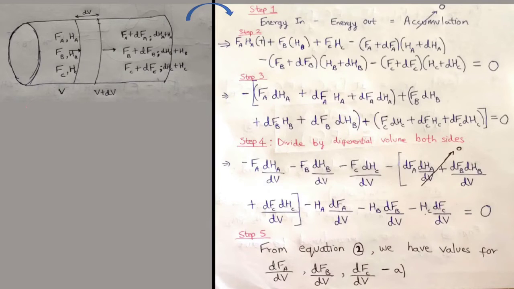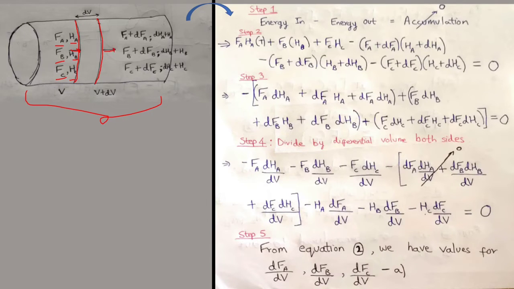So similar to the material balance that we did in the previous section, we have a representation of PFR, and we will again consider a differential volume dV, and prior to entering this differential volume we have flow rates FA, FB and FC, which are the flow rates of the respective components, and enthalpies HA, HB and HC before entering the differential volume.